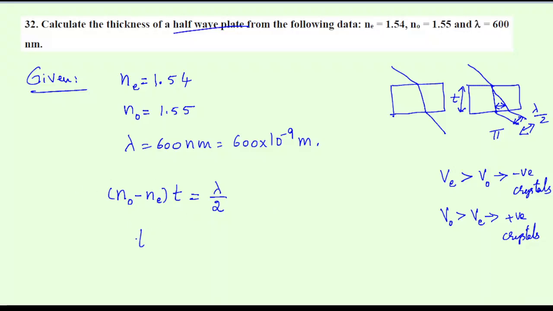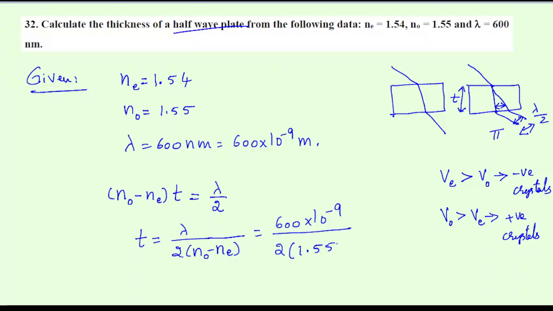Now what are we supposed to find out? T, right? So that is lambda divided by 2 into NO minus NE. That is, lambda will be 600 into 10 to the power of minus 9 divided by 2 times 1.55 minus 1.54.